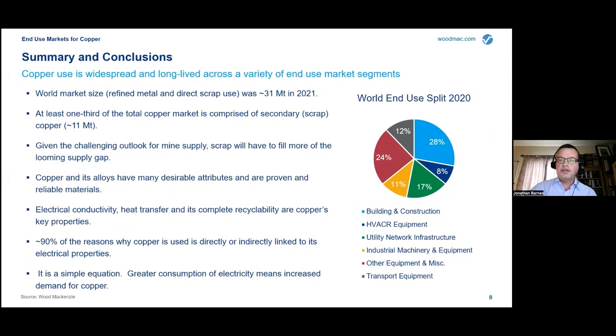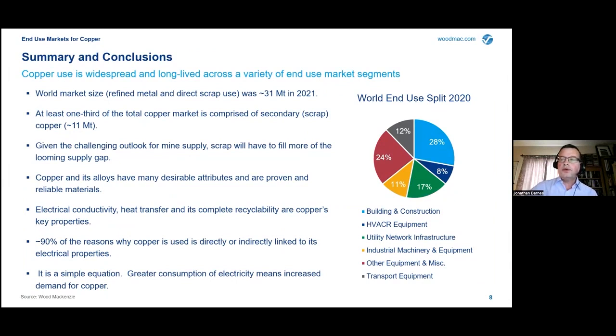We've seen that copper and its alloys have many desirable attributes that make it a proven and reliable material, and that's why it's adopted in so many market areas. Above all, electrical conductivity, heat transfer, and its ability to be endlessly recycled are copper's key properties.